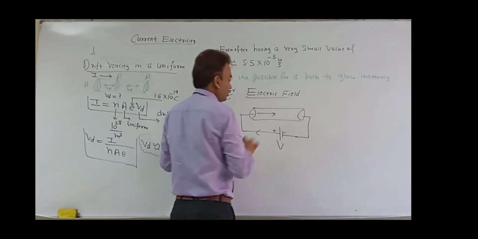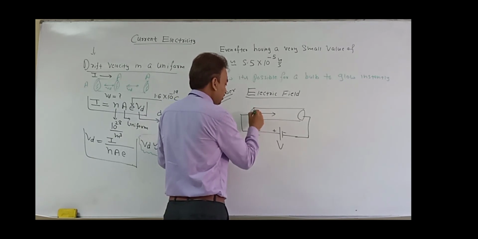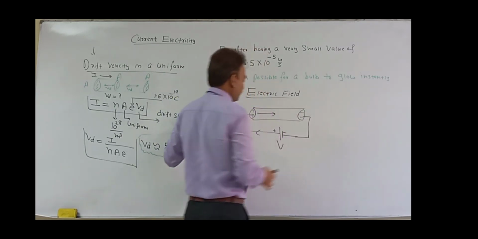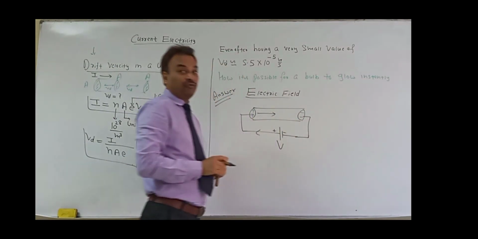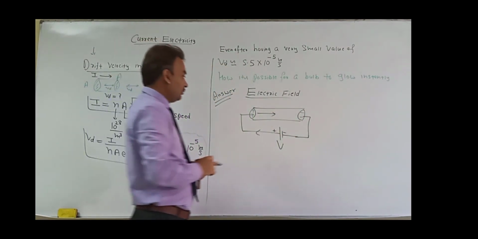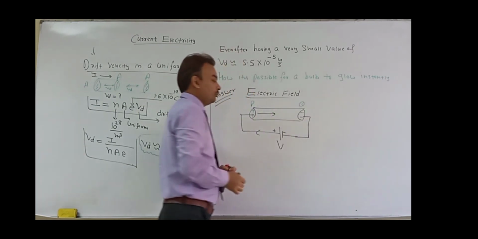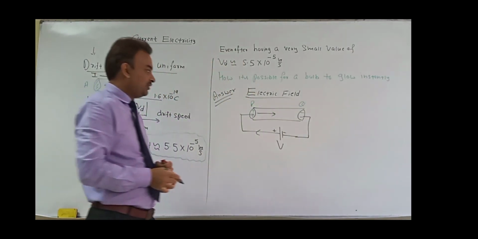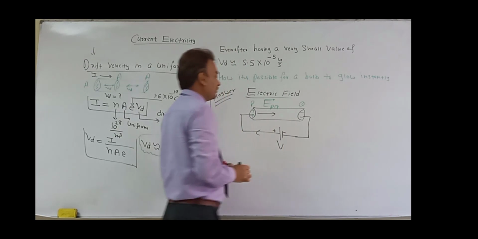So this is the current, right? This side becomes positive, this side becomes negative. So you see, in this wire of some length, an electric field is established between these two points. Let me take this point as P and this point as Q. Between P and Q the electric field is established, let me call it EPQ, and this is a vector quantity.